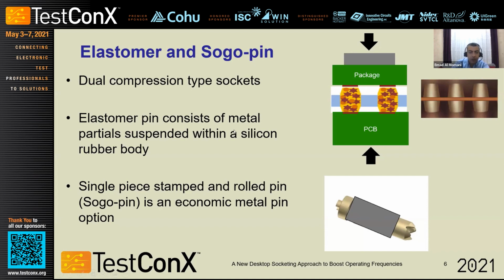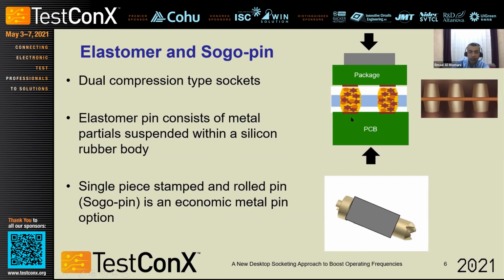So elastomer, before going there, both pins are dual compression type pins, where you need to apply force from both sides to engage those pins and get the right stroke to achieve the electrical connectivity. Both of them are non-soldered to the platform, so there is no need to solder those pins to the platform.